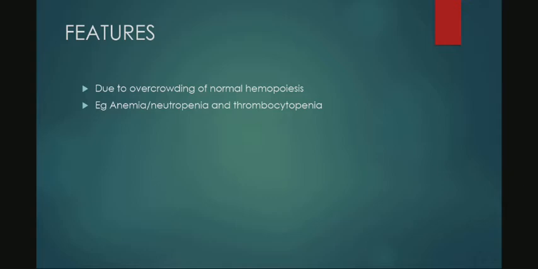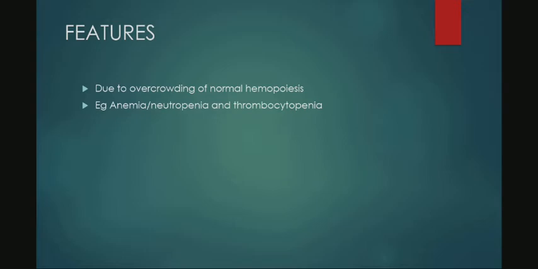So the increase in the blast cells within the bone marrow will disrupt normal hemopoiesis because they are overcrowding the stroma that is needed for a normal hematopoietic process to take place. Due to that overcrowding of normal hemopoiesis, you end up having a decline in the number of other blood cell types.